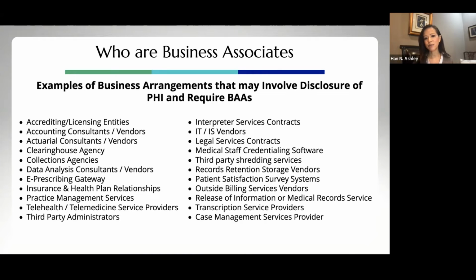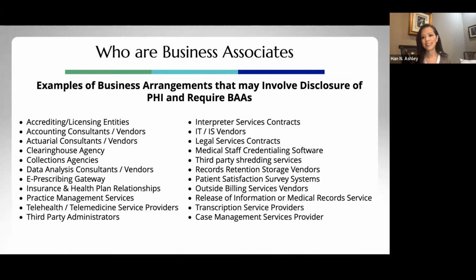As you can see on here, we often see covered entities that might forget to get a business associate agreement with their interpretation services or their transcription services or their third-party paper shredding. They often think, oh, these folks are just moving this information, but actually they're touching it and physically working with it. So we feel that business associates agreements need to be put in place.